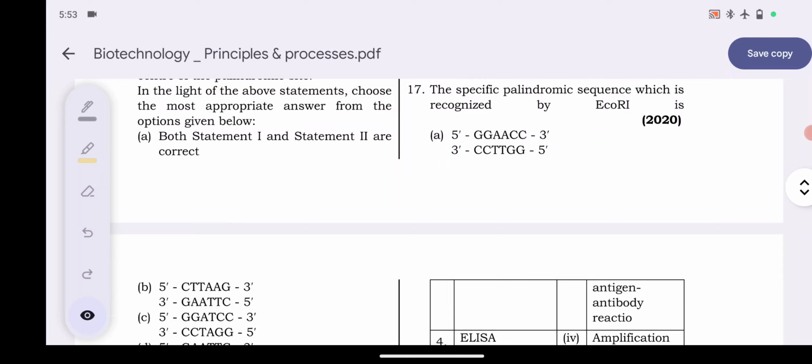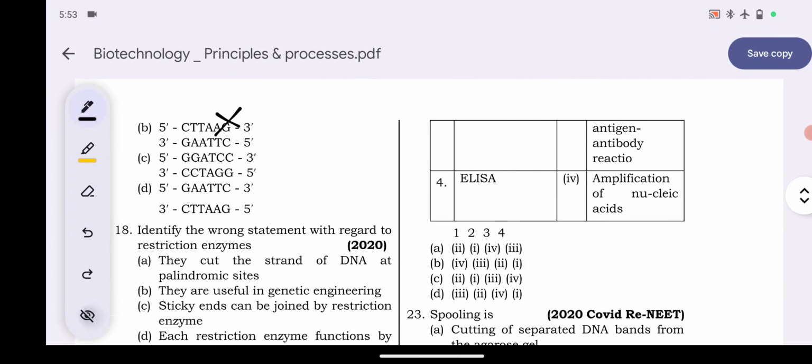Option A will not be your answer, B will not be, C will not be either. D is your answer, GAATTC and CTTAGG (sic). It is the recognition site of EcoRI.